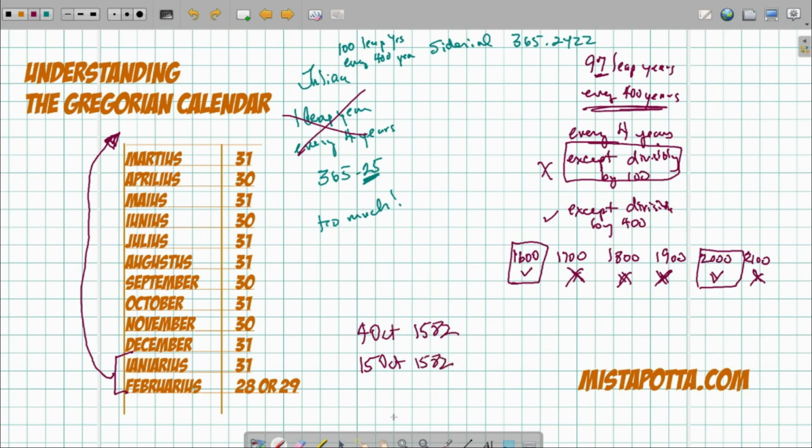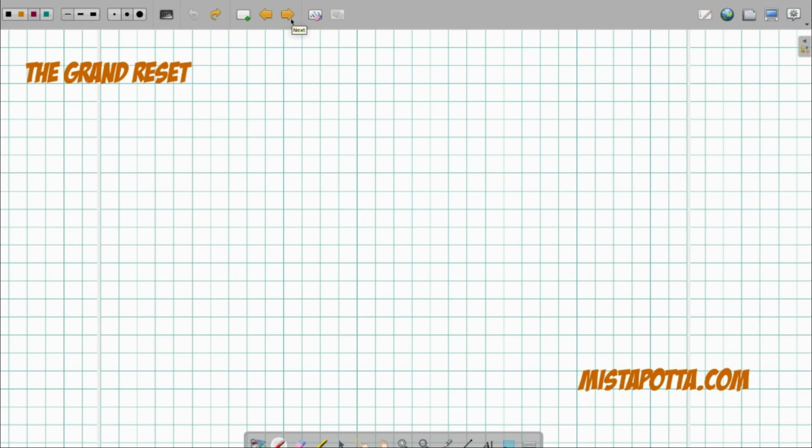And because Pope Gregory was in charge of all of the Catholic religion, all of the Catholic nations made this change. But all of the Protestant nations and all of the other nations that didn't follow Christianity did not make this change, which means now we've got all of these countries adopting this calendar at different times.